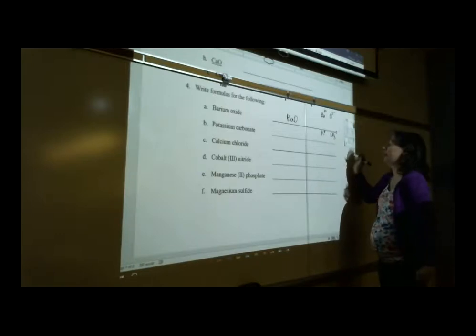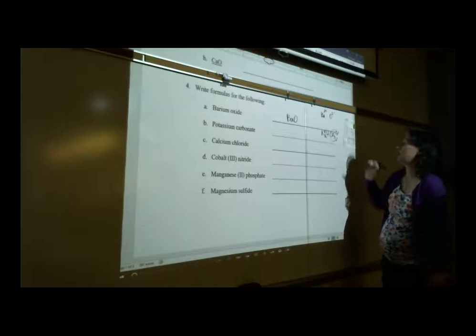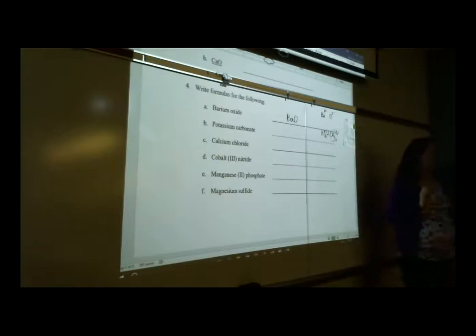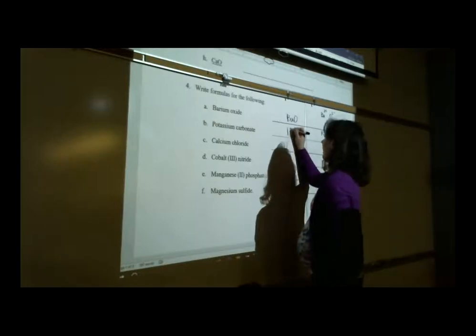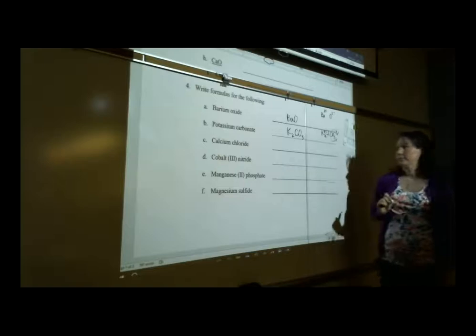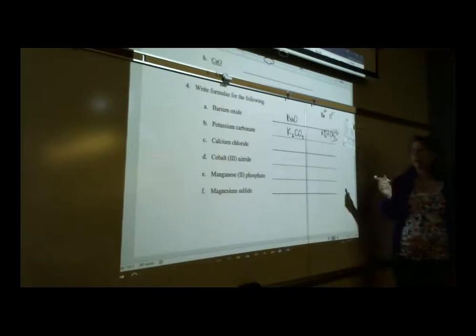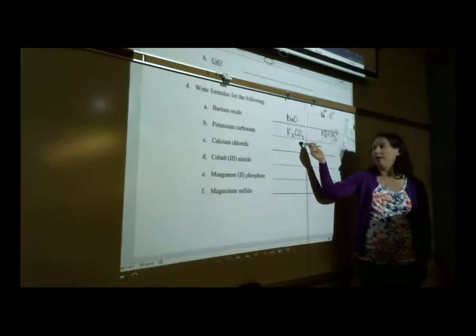So when we crisscross those, this 2 goes here, this 1 goes here. Do you need to write a subscript of 1? No, it's unnecessary. So the formula is K2CO3.